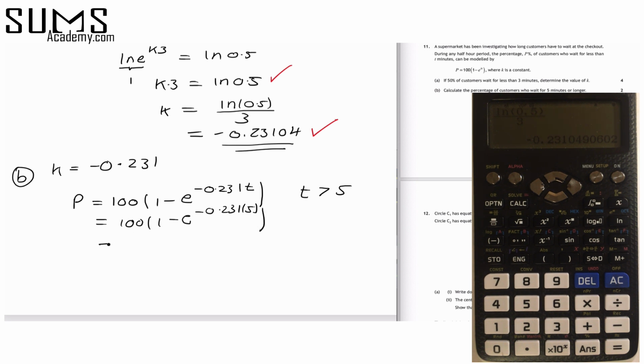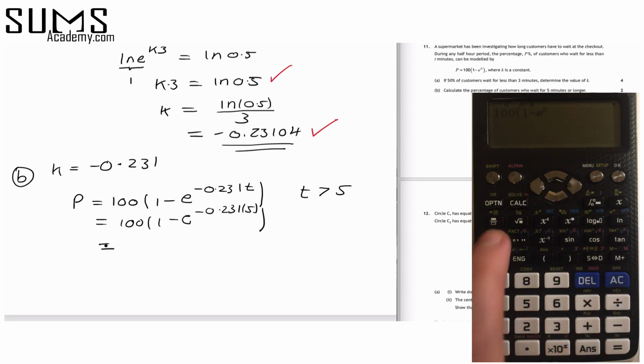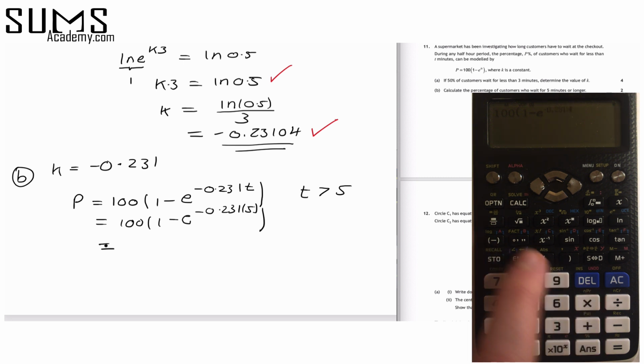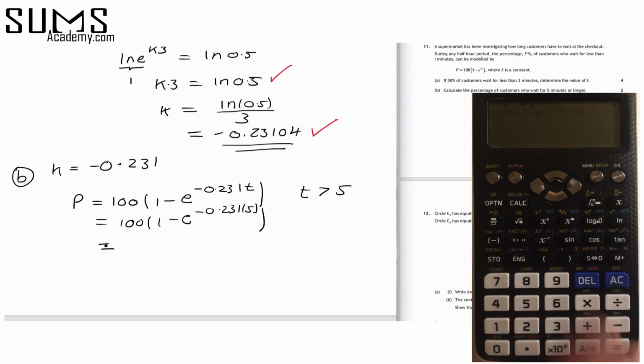Okay, and we can just stick that into our calculator. What do we get? 100(1 minus e to the power of negative 0.231 times 5, close your brackets). What do we get? 68.49%.